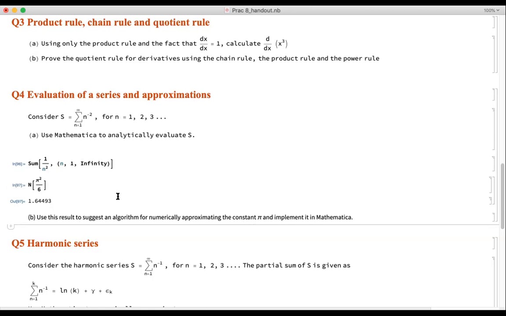So you would rearrange this. Let me show.